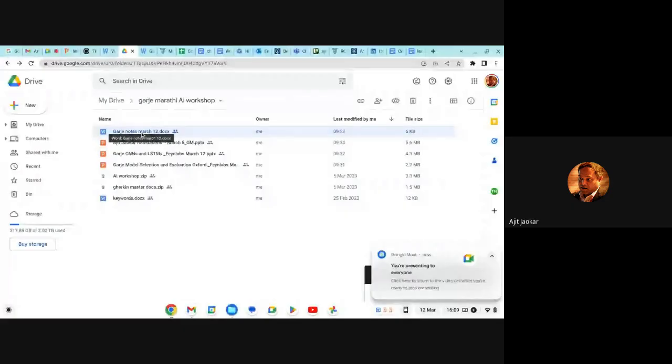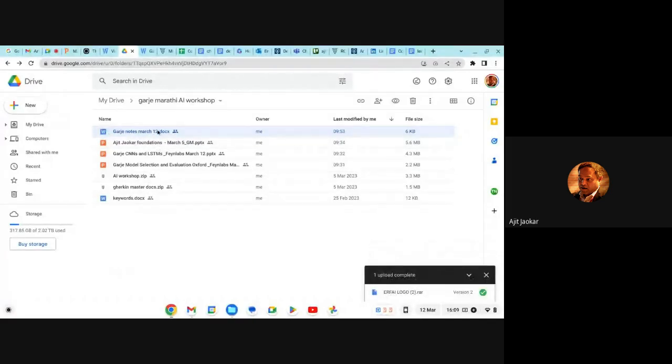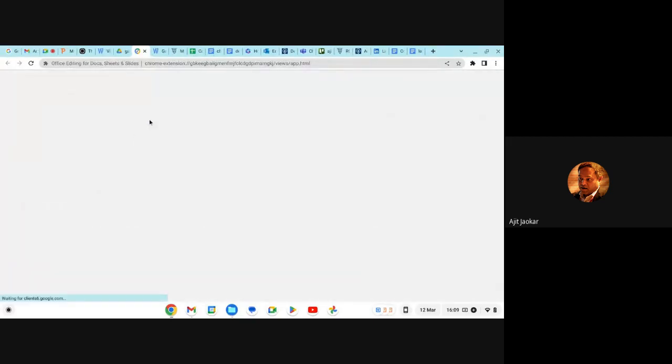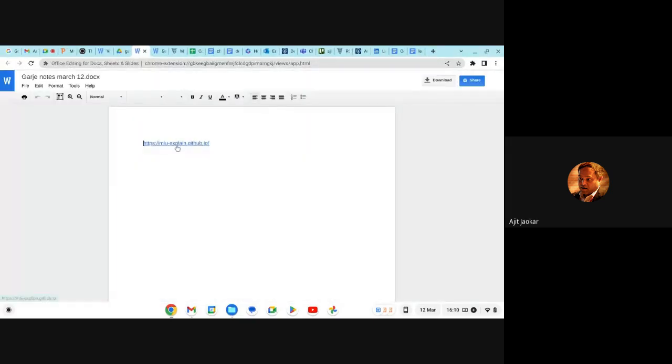I'm again going to share my own screen so that I can show you what's in the shared drive. What you're seeing here is this document I shared with you. Notes is where the visual stuff I showed you just now is. It's just one link there, which has this one document that shows you what we just saw.